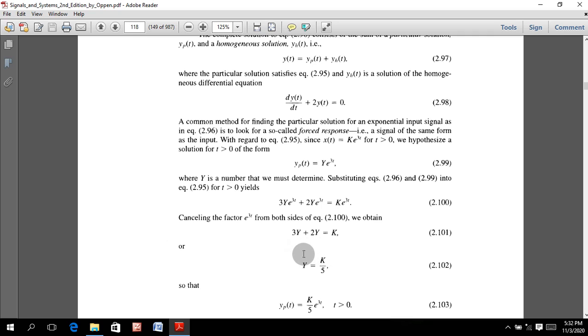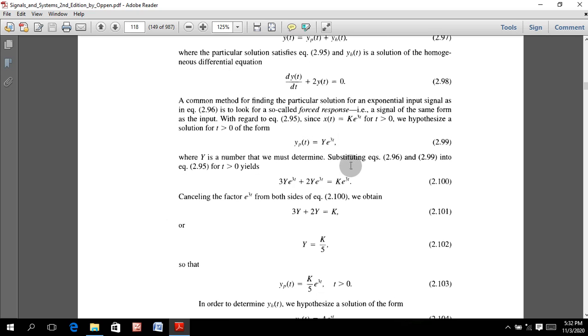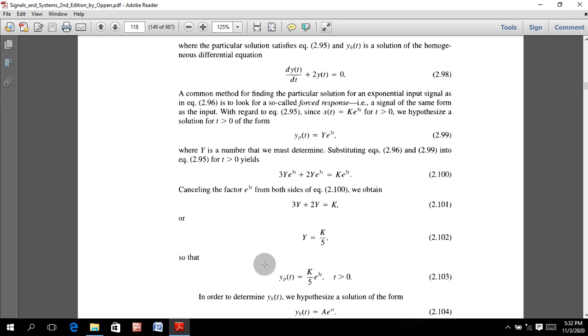It means that the value of Y is also constant. So we put the value of Y in the particular solution. So the particular solution will be y_p(t) equal to k by 5 e to the power 3t when t is greater than 0.